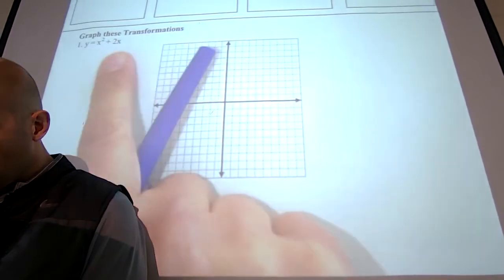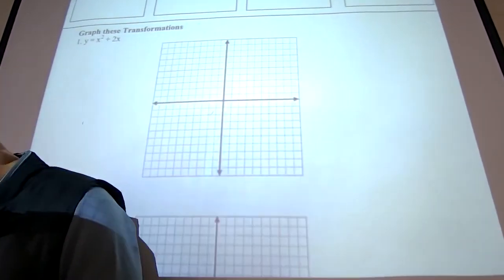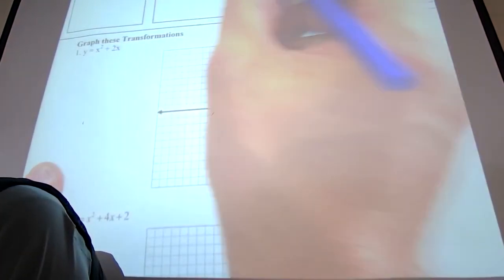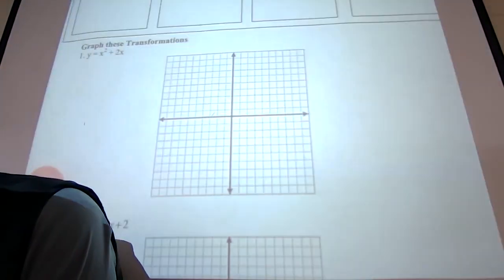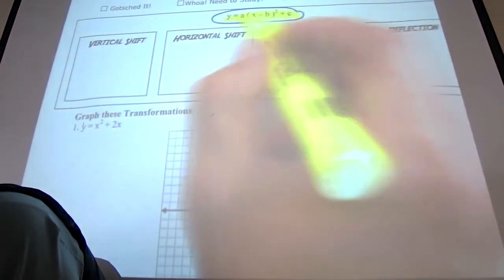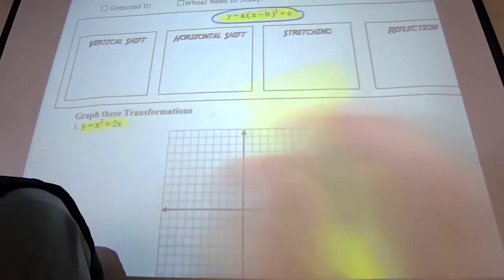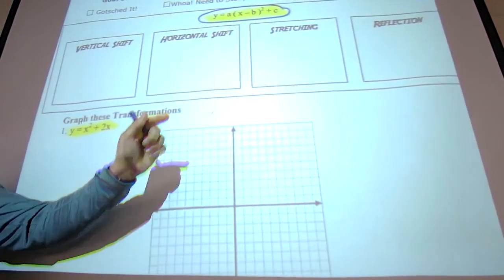So when we're looking at this one right here, our goal is to make it look like this up here. Okay, do you see this guy? So let me bring this down a little bit. We want to make this y equals x squared plus 2x look like this guy.